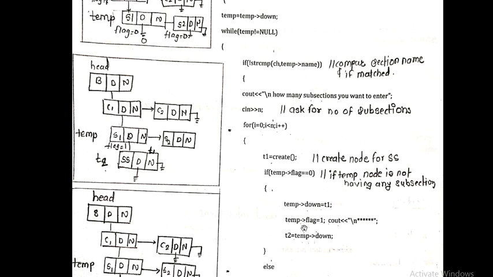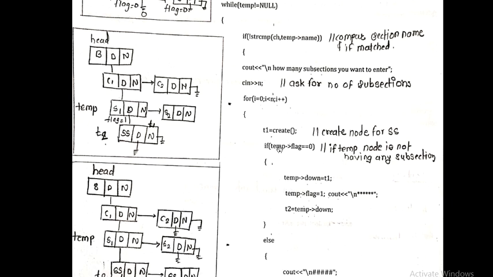So temp of flag is now 1 because that section now has a subsection also. And whatever newly created node is assigned to that temp node, call it T2. So while I traverse my subsection linked list, I will traverse with the help of T2.